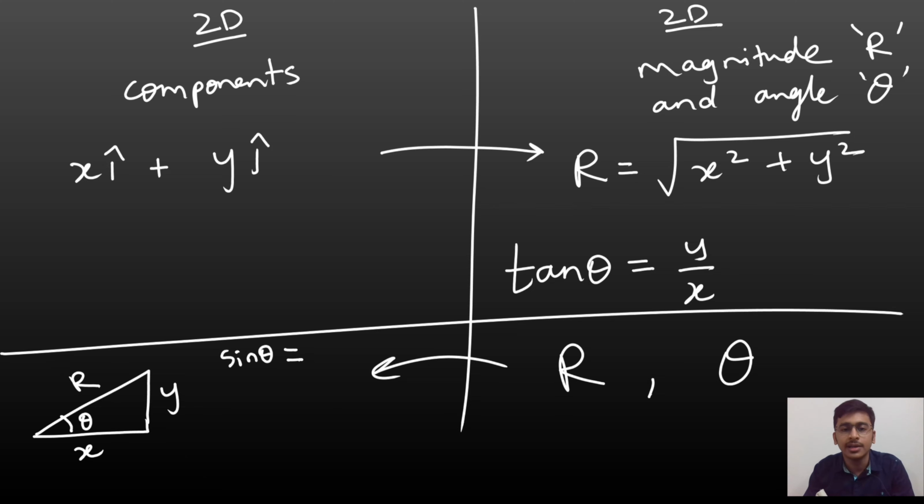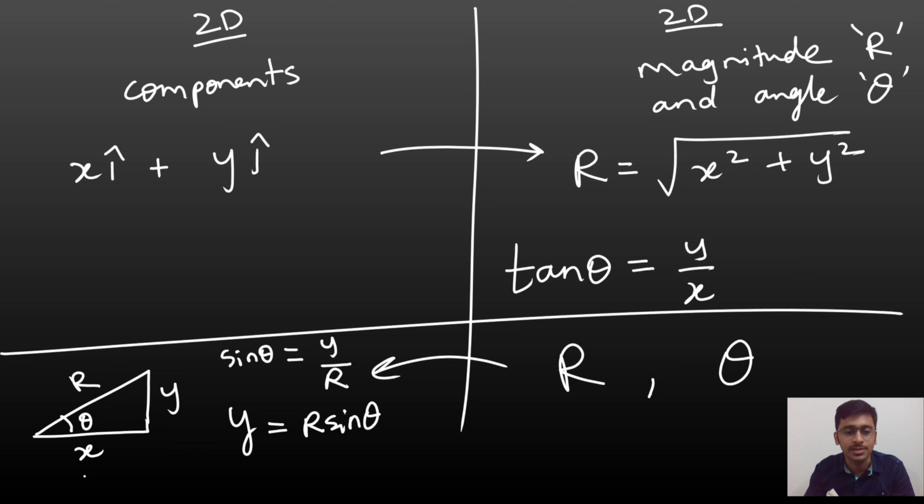Sine theta is nothing but perpendicular upon hypotenuse, or y upon r. So I can find y is nothing but r sine theta, correct? It's in the division, it will go in multiply. So y is r sine theta, and what is x?